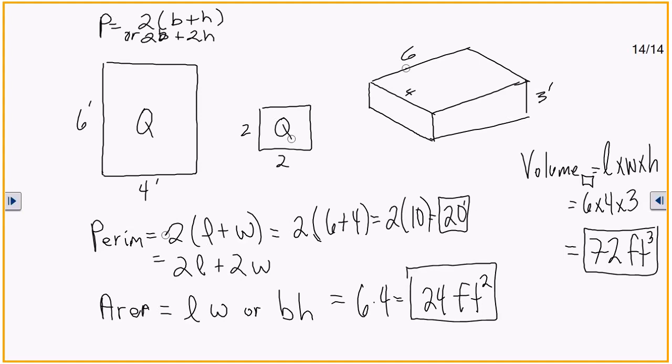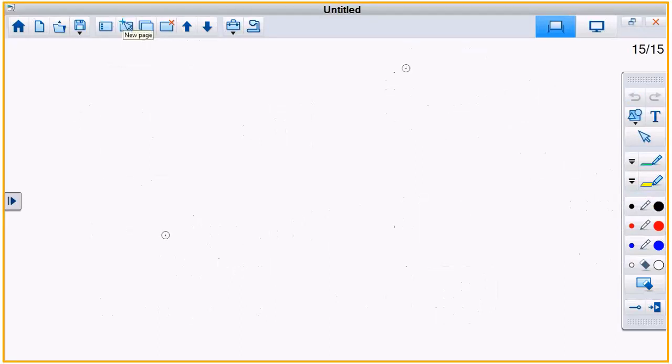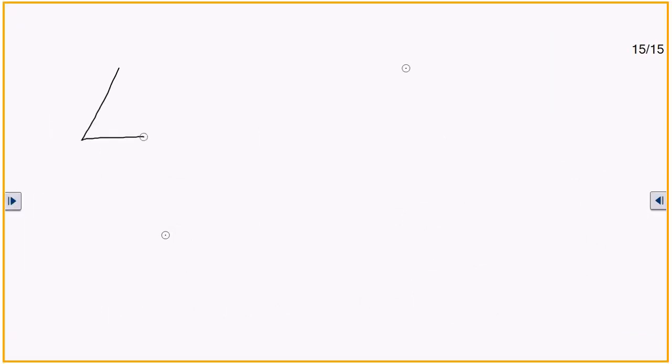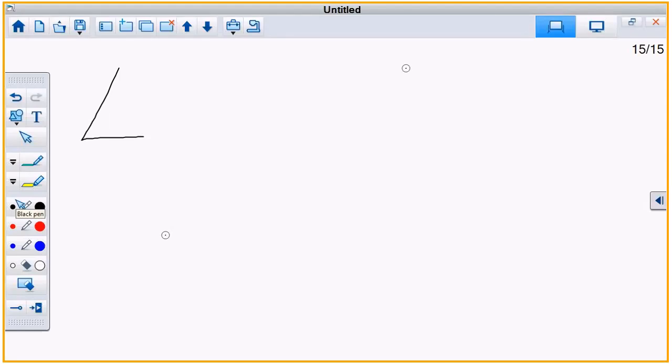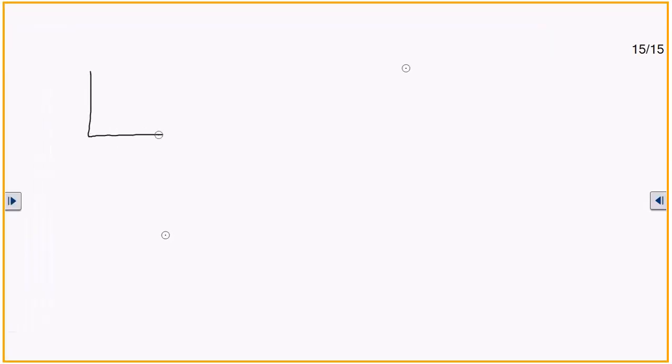Well, a triangle is like so. I'm just going to use a regular triangle because I want to show you where the formula comes from. There's a quadrilateral.